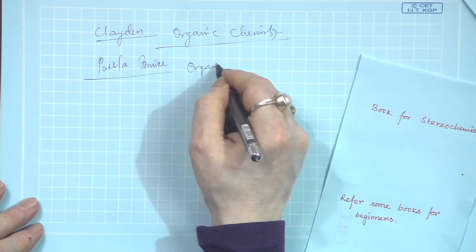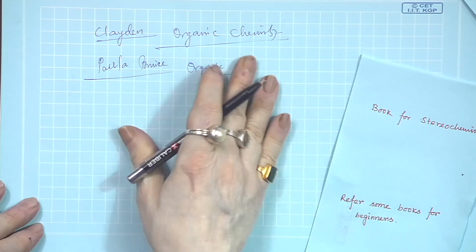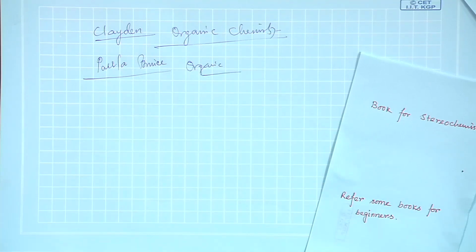So what I am suggesting is that you first go through these books, because the authors are not stereochemists per se, so they will write in a very simple way and explain different things, and then you can go to the books by Eliel or by Professor Nasipuri. These are the two books I can refer. Okay.